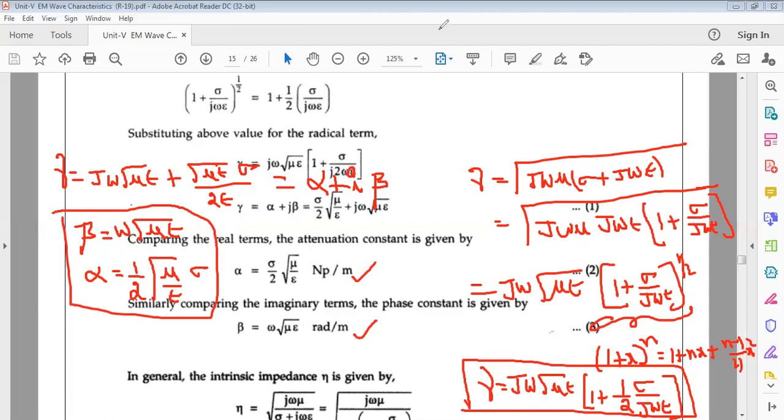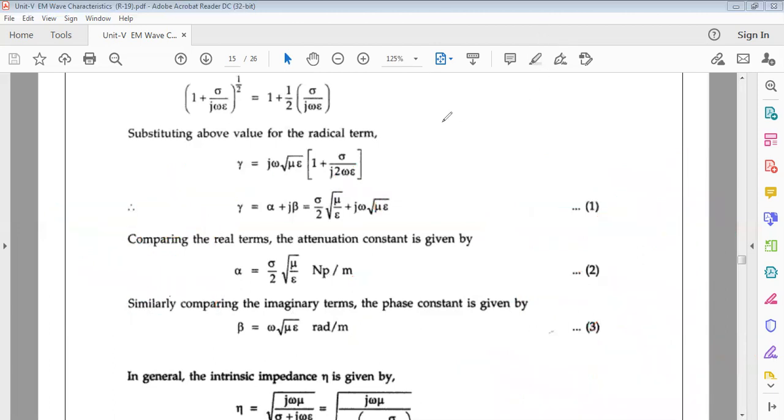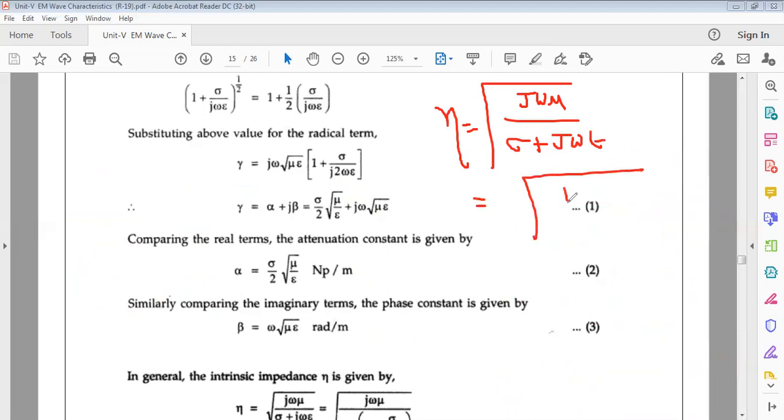Okay, in a similar way for the practical dielectric, we can find out the intrinsic impedance also. What is the intrinsic impedance? Eta is equal to under root of j omega mu by sigma plus j omega epsilon. For this also you can take the common factor j omega epsilon, and the whole thing multiplied by 1 plus sigma by j omega epsilon.